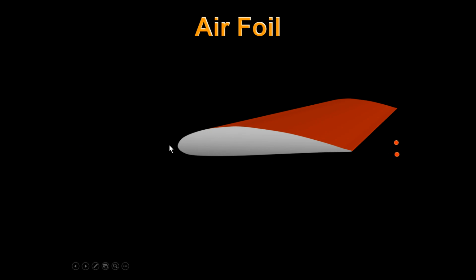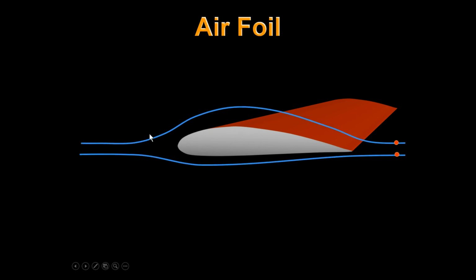One way to think about this is that this is the path the upper molecule followed, and it went a greater distance in the same amount of time. So one way to think about it is that it had to have been traveling faster over the top because it went more distance in the same amount of time.